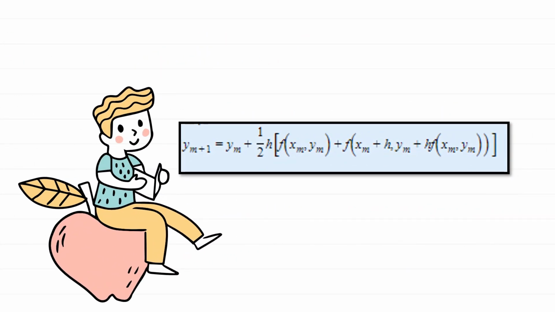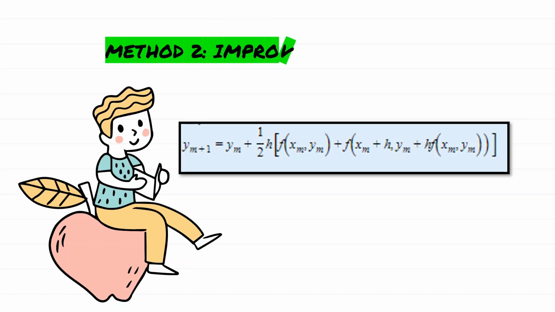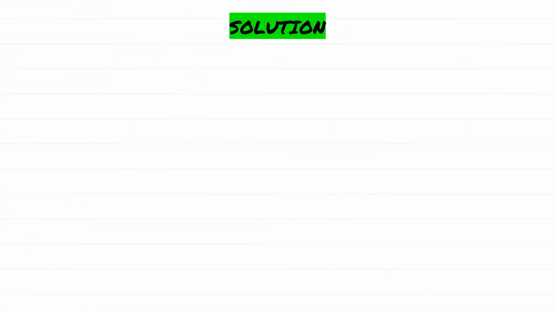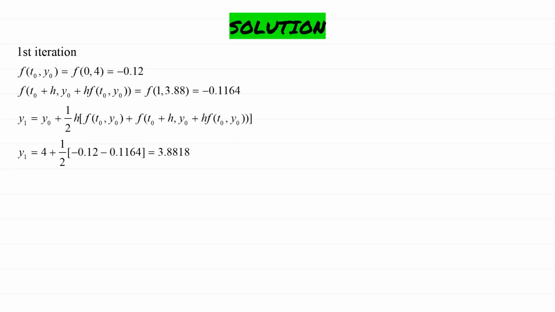We solve the problem using the second method, which is the improved Euler method. This is the general formula of the improved Euler method. By the formula, we can solve the problem. The first iteration, we have 3.8818.